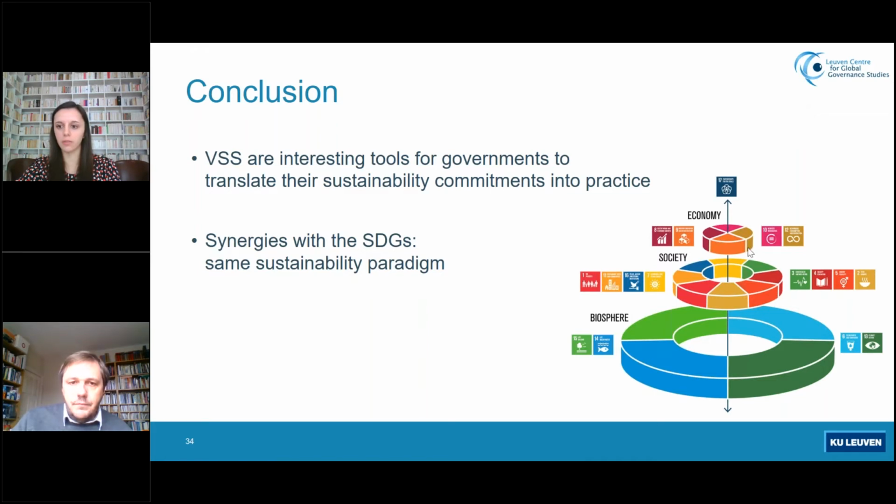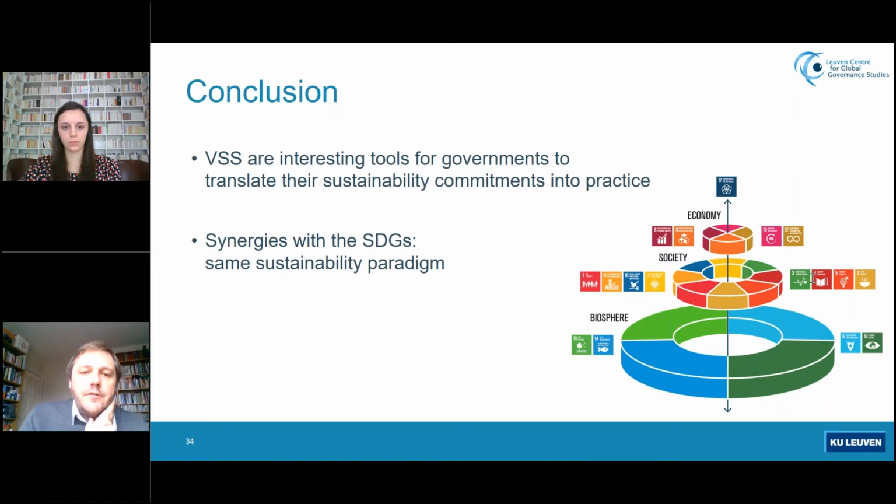They are not explicitly mentioned, but there are requirements on sustainability, and the GSP scheme also requires compliance with international conventions, which are also included in some VSS. So there is also a synergy in that.